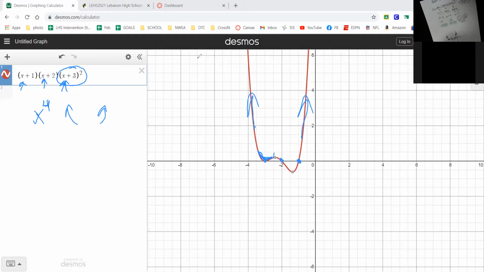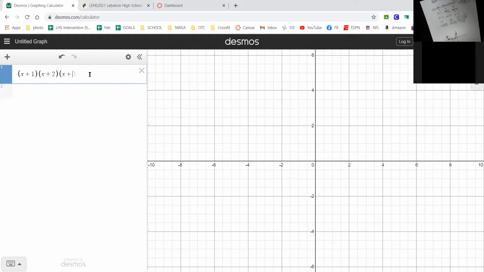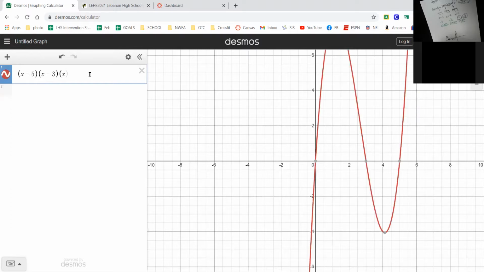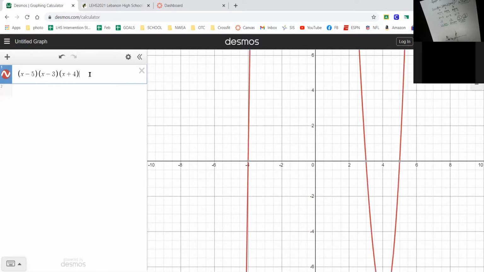I could do the same thing. So if I just make up a function, let's say x minus 5, x minus 3, x plus 4.